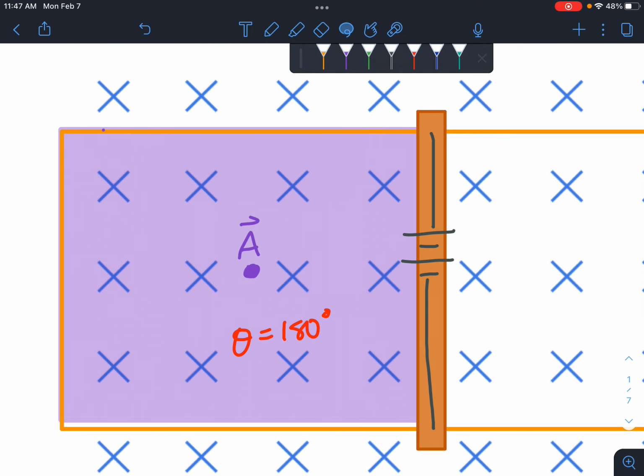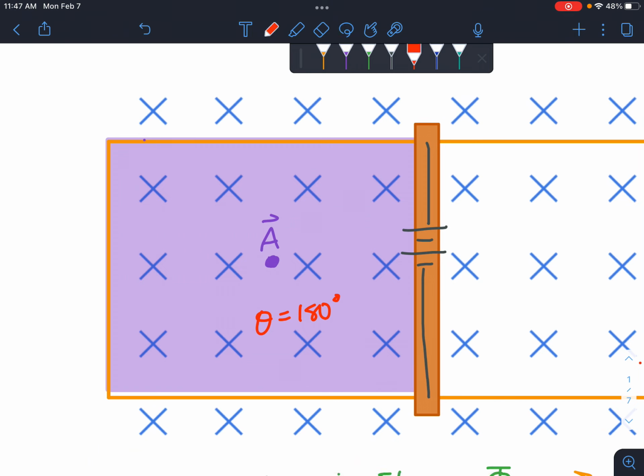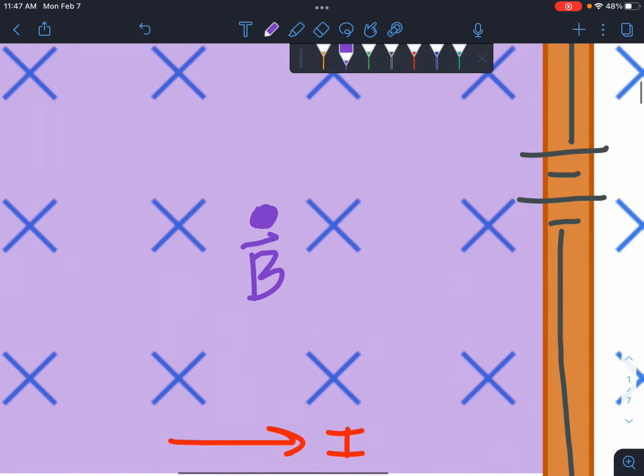Now, if I were to say that the current is flowing in this direction, around anti-clockwise, then that is going to produce a magnetic field, because if you have a current going in a counterclockwise direction, then the magnetic field is going to be produced coming straight up out of the page.